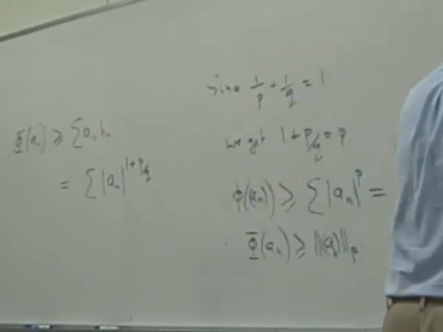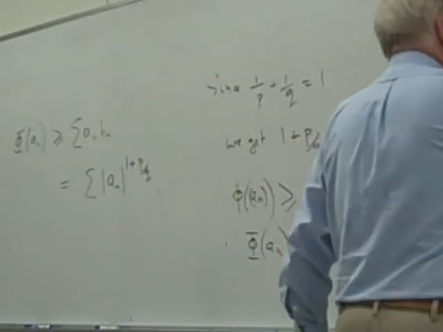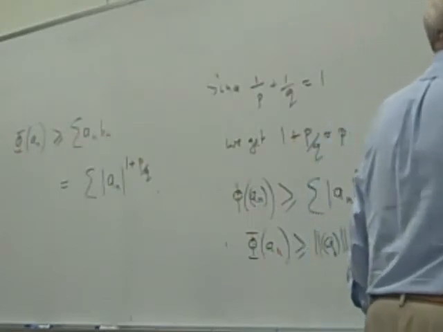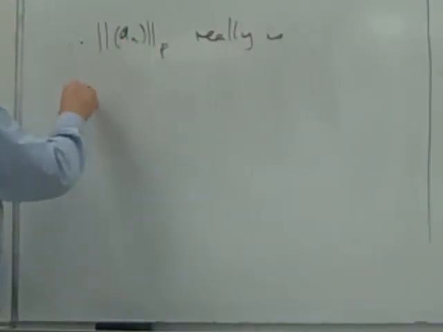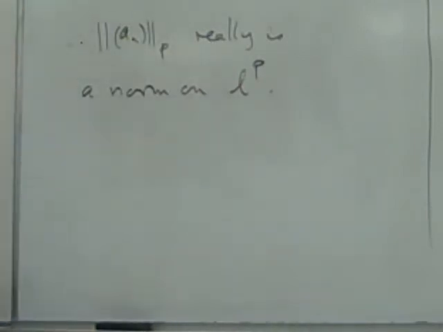So at this point, we do have a proof that it really is a norm on little l^p. So, as you can see, it's quite complicated to show that that is a norm. This is about the easiest proof I know. So there isn't some trivial way of doing it, I don't think.